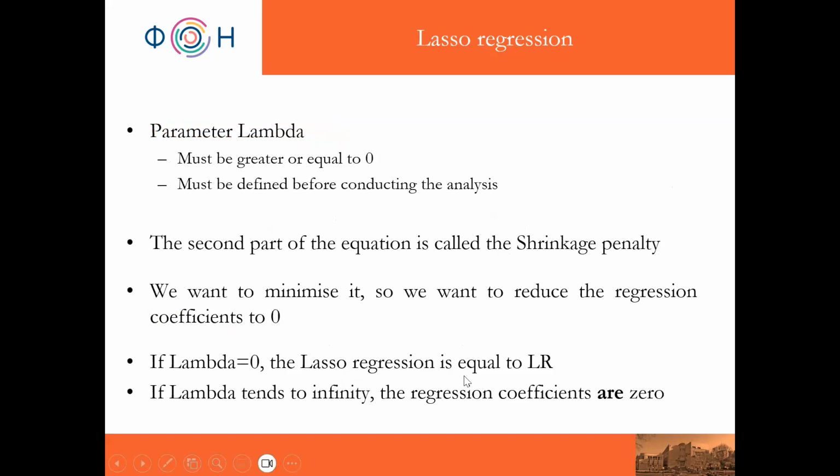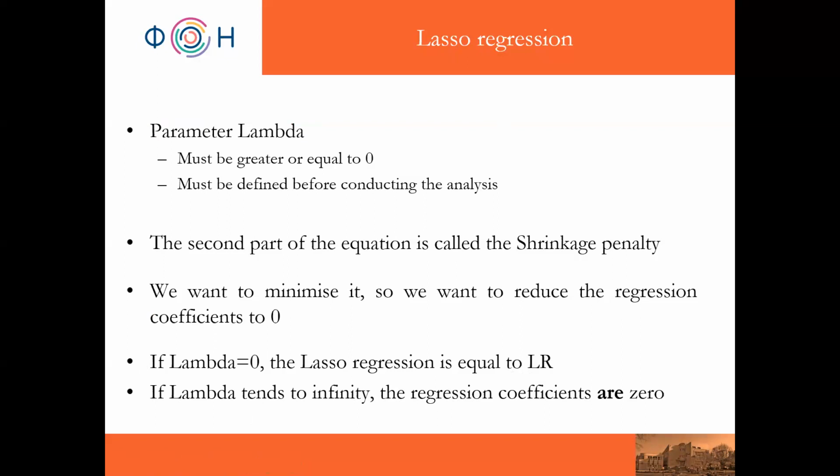If lambda is 0, our lasso regression is the same as linear regression. If our lambda tends to infinity, all our regression coefficients are going to be 0. So lasso regression compared to ridge regression tends to reduce the values of your estimates even more.